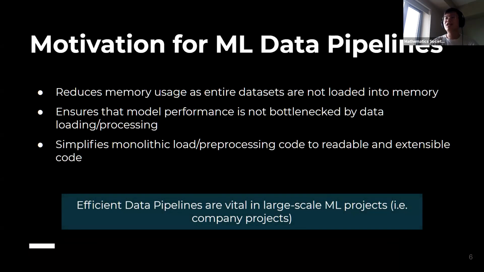Overall, efficient data pipelines are vital in large-scale ML projects, especially company projects. If you're going into your co-ops, you'll definitely see data pipelines in some form or another, because there's no way they're able to load their terabytes of data into memory.